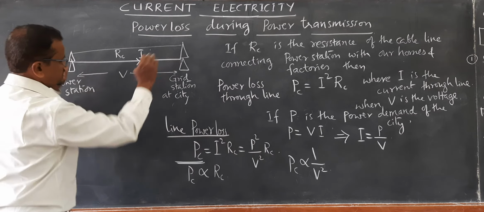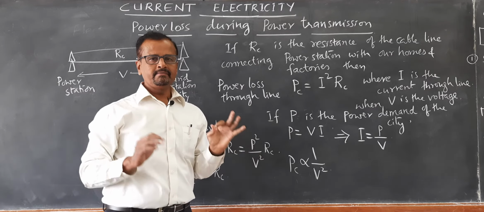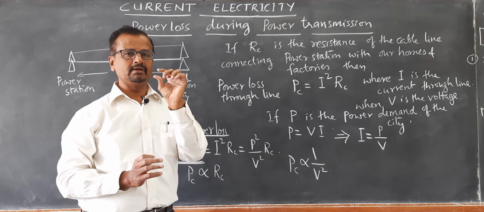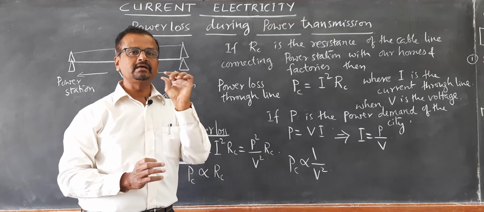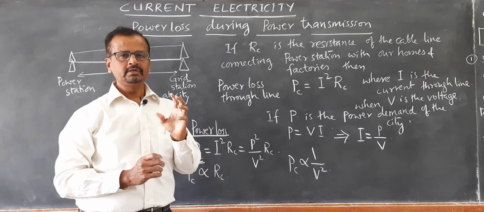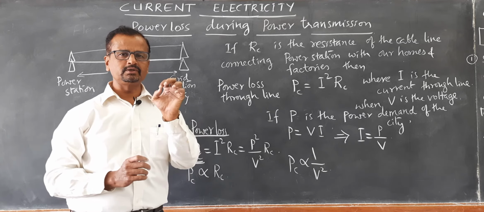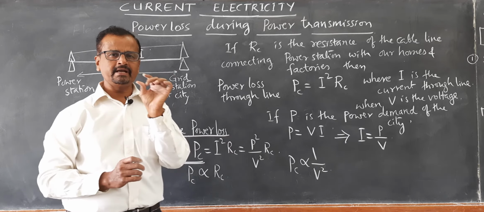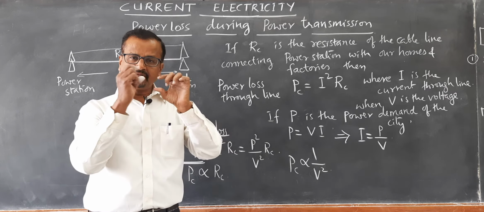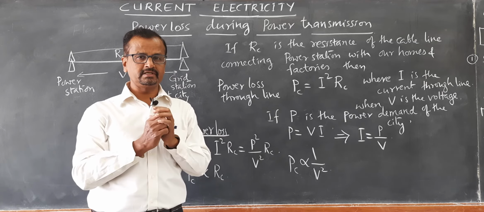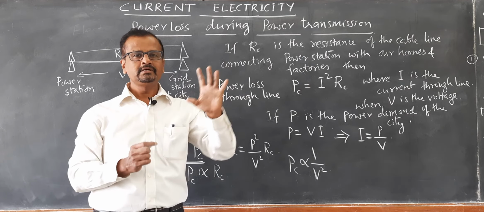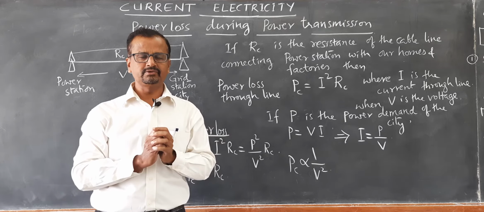RC can be minimized to a certain extent by taking a cable of thicker and thicker cross sectional area. You know, resistance is inversely proportional to cross sectional area, which means by taking thick wires, the resistance can be reduced.